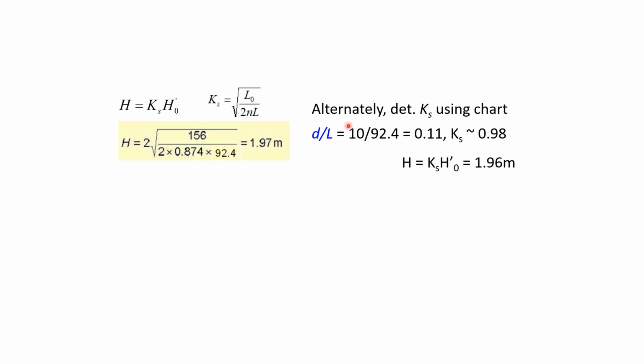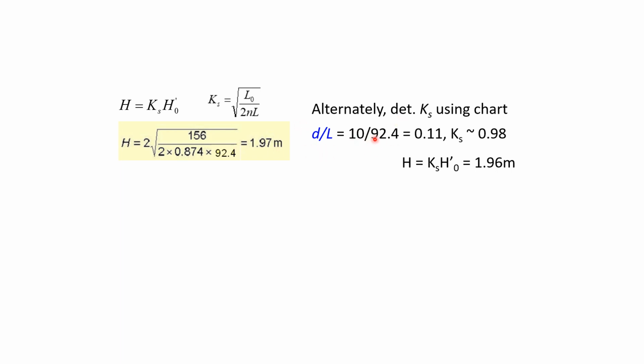Now we can also use the plot for the Ks in the previous slide. We can use that to determine how the deep water wave height has changed. If we want to use that chart, we can first calculate d over L. d is 10 meters at the location that we are interested in. L is 92.4 meters, so d over L equals 0.11.